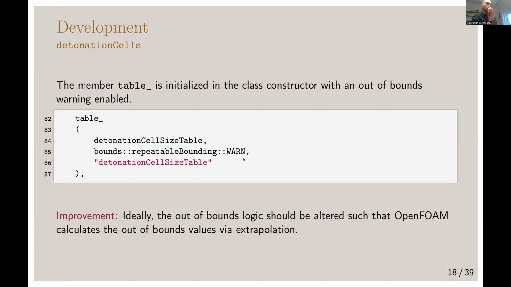OpenFOAM will throw a warning if the values are out of bounds, and it will use the highest value that it can read as the value in the out of bounds regions. But one can improve this logic by implementing an extrapolation logic and modifying the class. I have not done that in this function object, but it could be done in the future, for example.